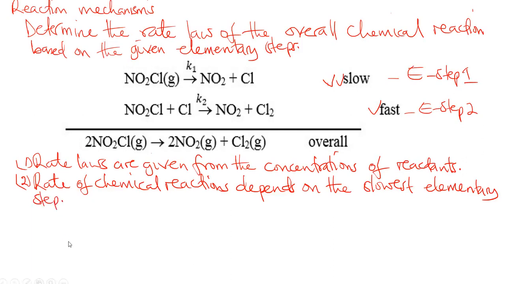So from our question we have two steps. Let me call this one step 1, this one step 2. So you are given only 2 steps. Each step has its own rate constant.